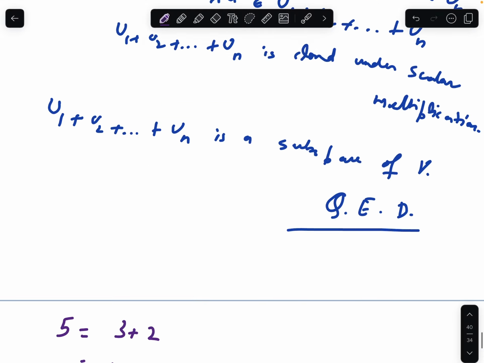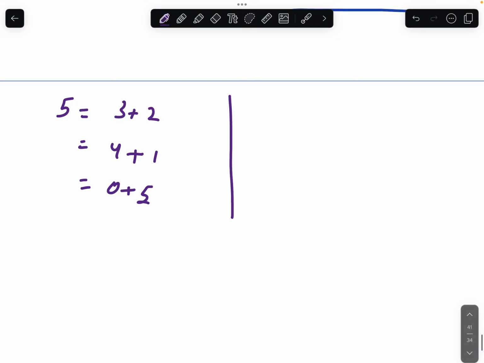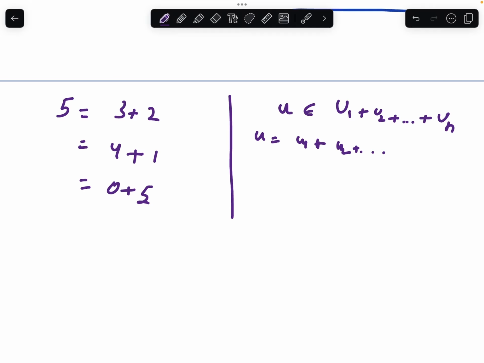And similarly here, if u belongs to u1 plus u2 plus dot dot dot plus un, u can be written as a summation of elements in different ways.